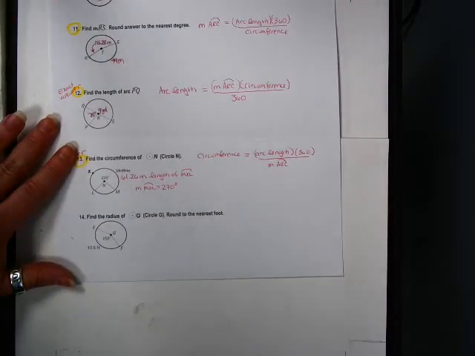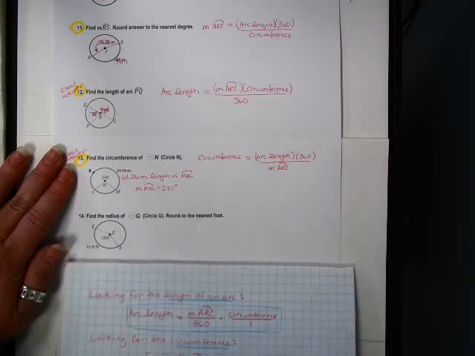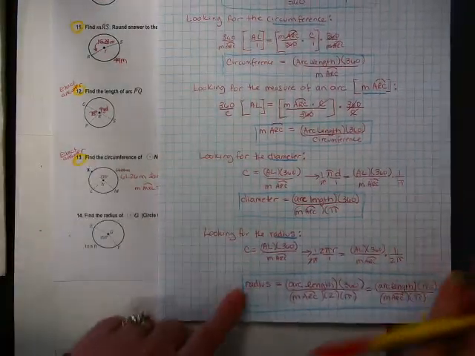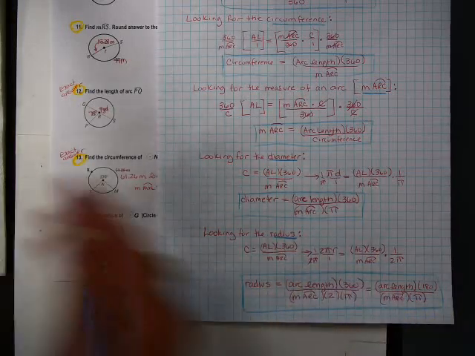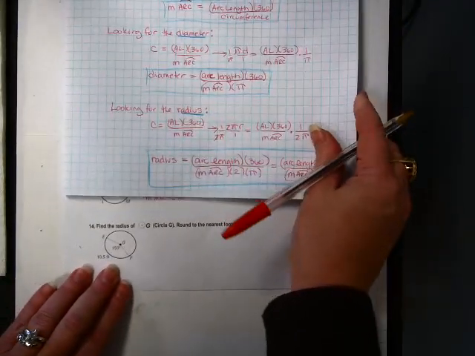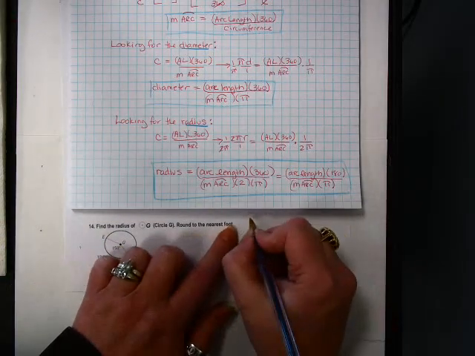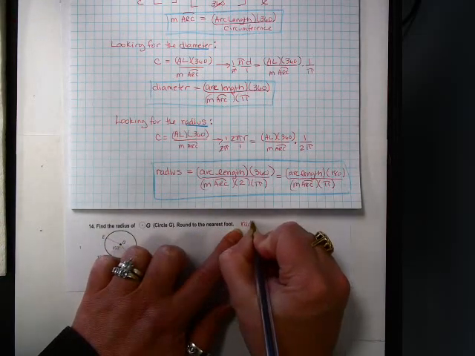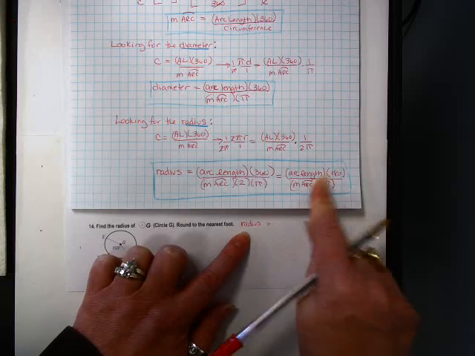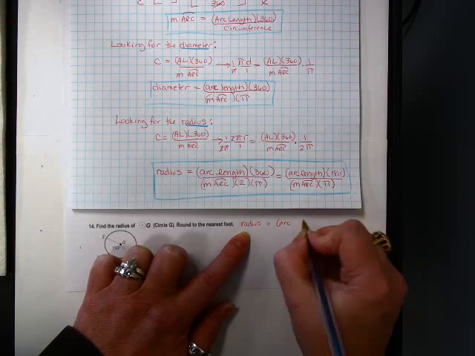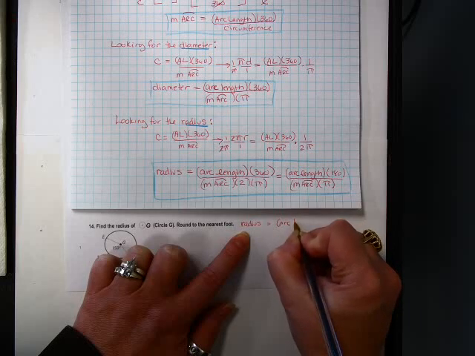All right, the next one, the last one for today is finding the radius. So you're going to use that last one that we did down here, and you're welcome to use either one. It doesn't matter. I'm just going to cover that up. Okay, so here I'm going to put down radius equals, and I'm going to use this final one over here, arc length, and that's just my personal preference. It doesn't matter to me what you do.